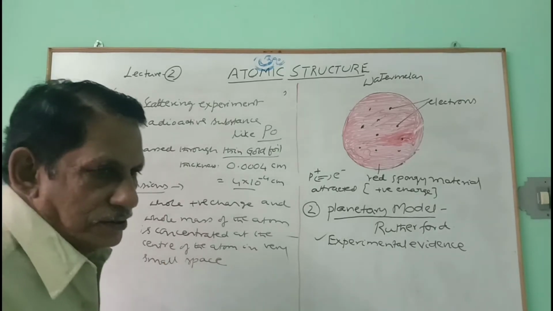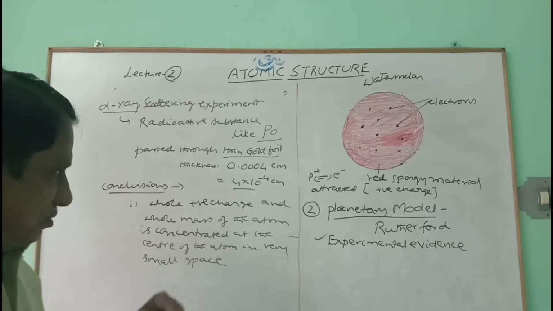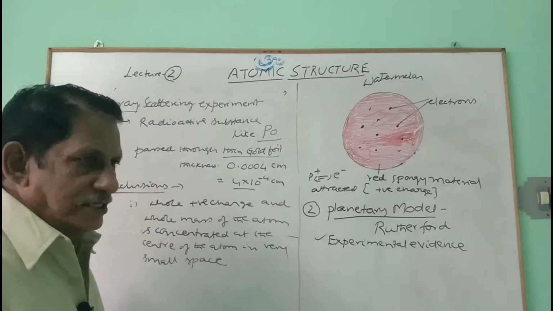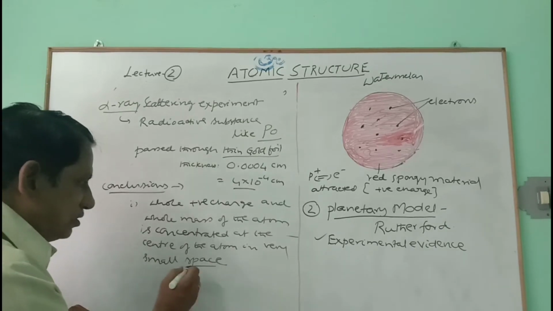This is the first conclusion he made. Whole positive charge as well as the whole mass of the atom is concentrated at the center of the atom. Very small space it is.